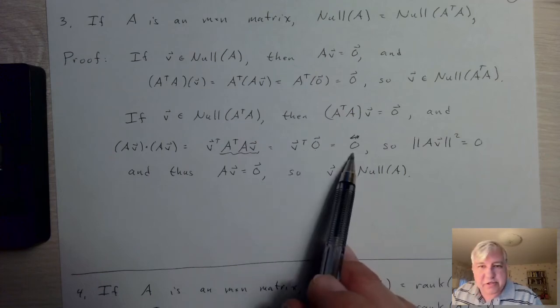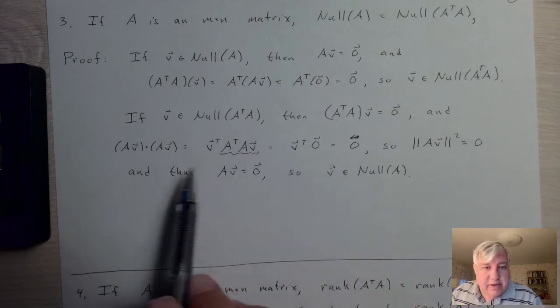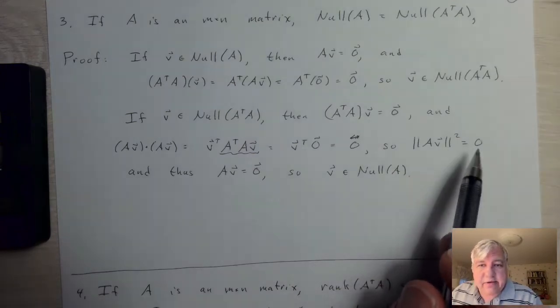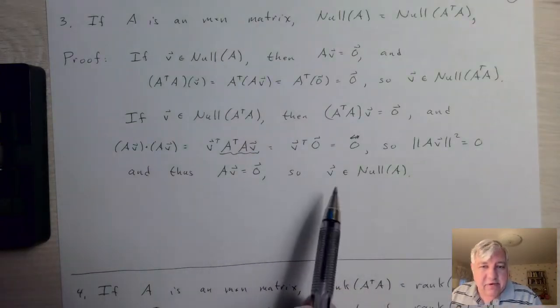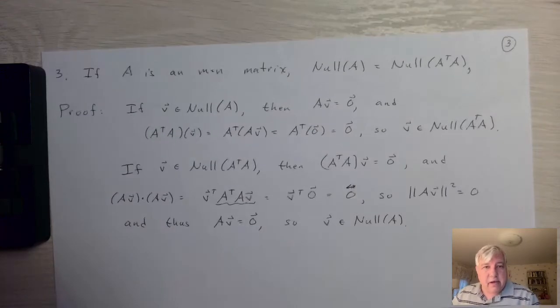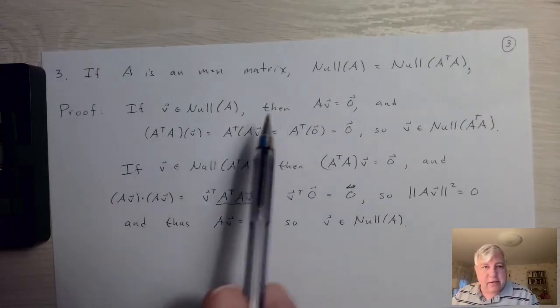The 0 vector dotted is just 0, the scalar. So the length of AV is 0, which means AV has to be 0. So V is in the null space of A. These two subspaces are the same.